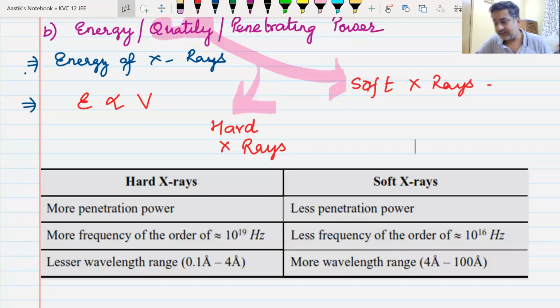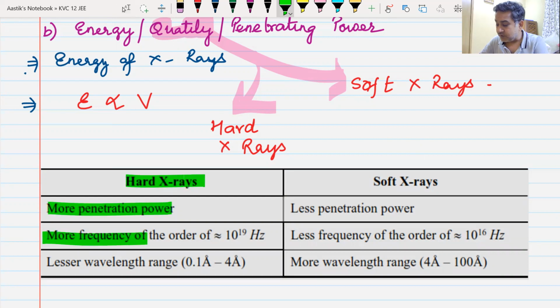A hard X-ray is an X-ray which has got more penetrating power. Hard means more frequency, more energy, more penetrating power, more frequency, less wavelength. Frequency and wavelength are inversely proportional.